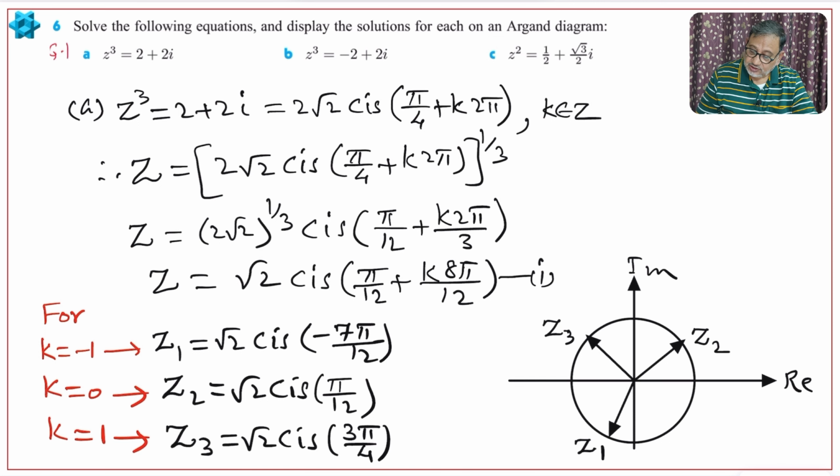So actually I should write z1 here, z2 here and z3 here, right? So let me replace z2 by z1, z1 will be z3, and z3 will be z2. Now they are correct.